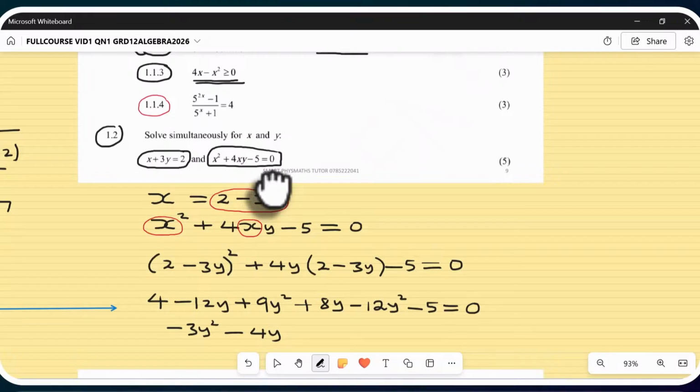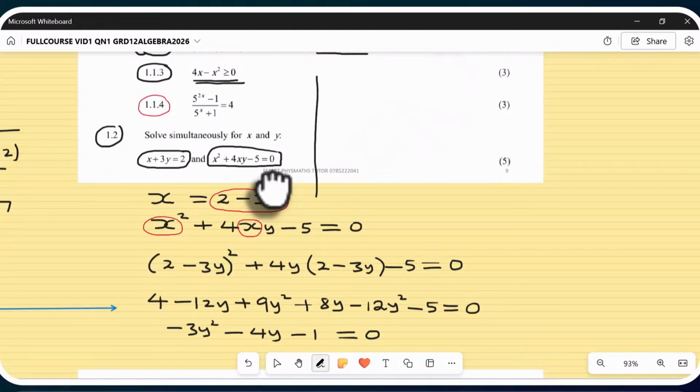If I look at my cross method again, I say 3 times 1, then 1 times 1. You see it is clear here, because 3 times 1 is 3, then plus 1, I get the 4.